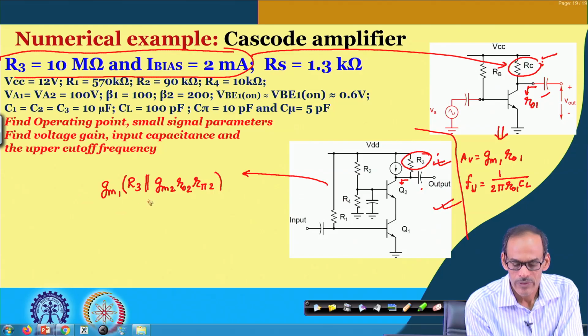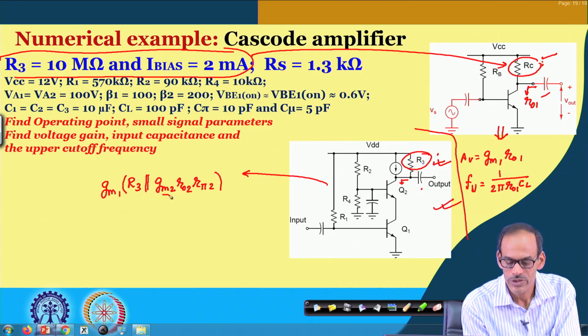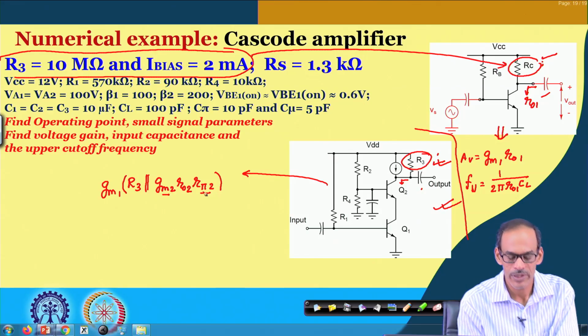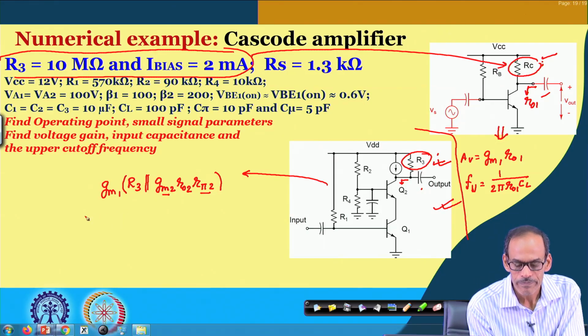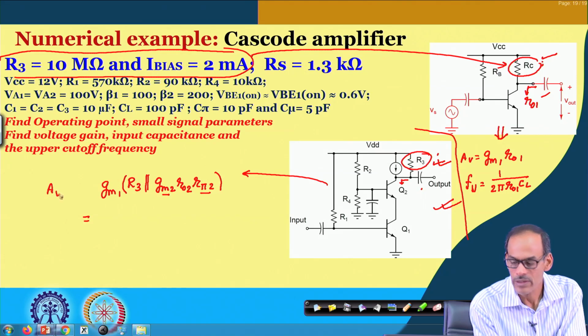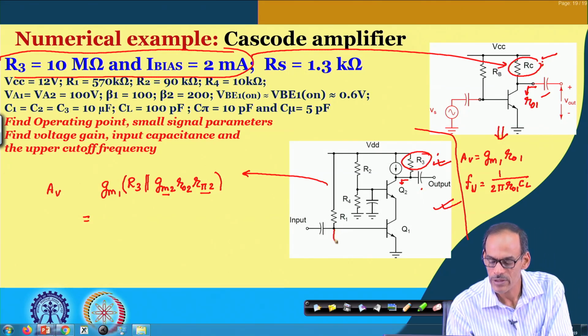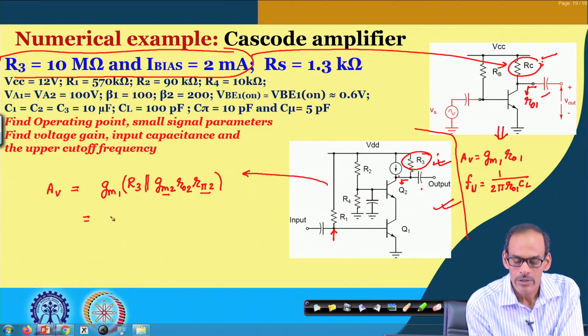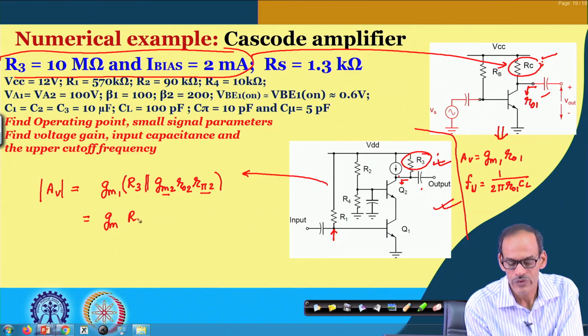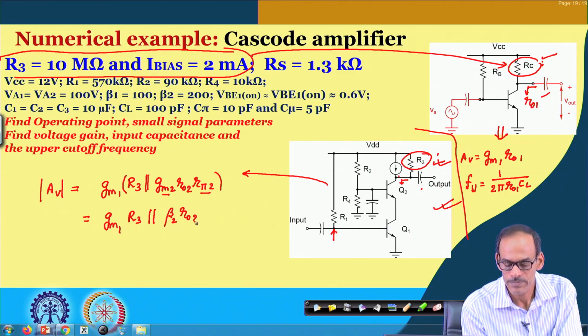In fact, you can say that GM2 and R pi 2 is nothing but the beta of the transistor. So, this is the gain. This is the gain from this point to this point without considering RS, and it becomes GM1 multiplied by R3 in parallel with beta of transistor 2 into RO2.